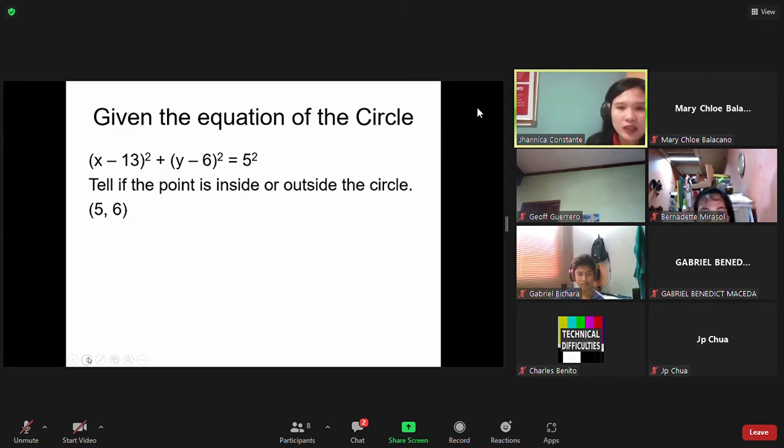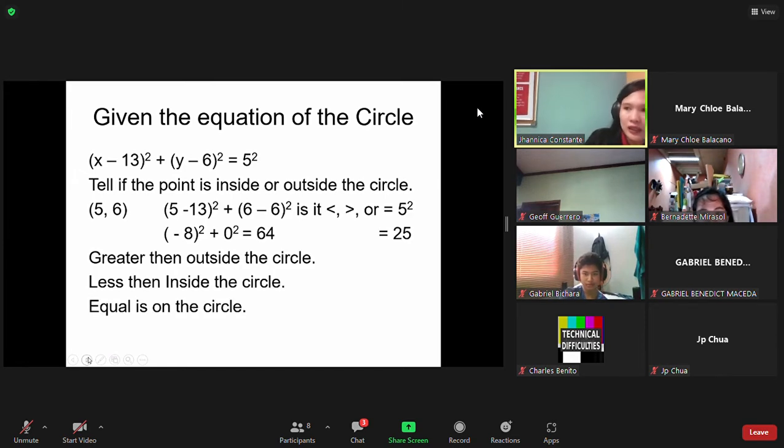So in identifying if the given point is on the circle, in the circle, or outside of the circle, we're going to use the inequality symbol. If you have a greater than symbol, it means the point is outside of the circle.